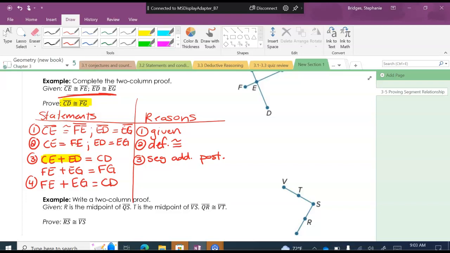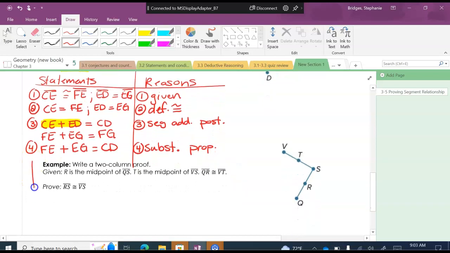Sure, okay. And what lets me replace things? Substitution. I'm going to skip down here a little bit so I don't have to write over the words. Now let me ask you this. What else does FE plus EG equal? Look in step 3.